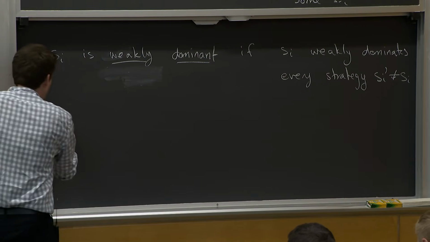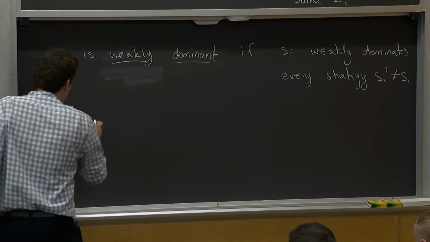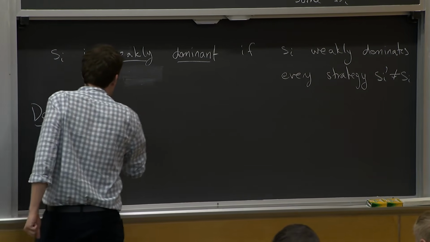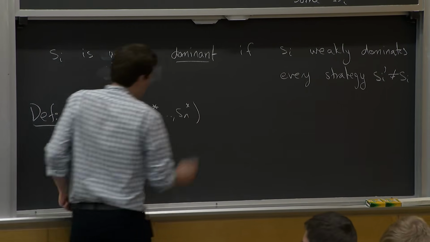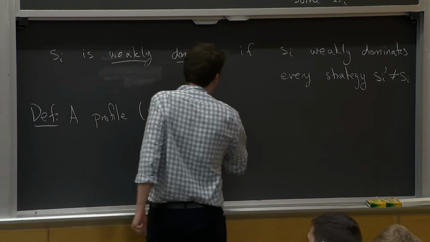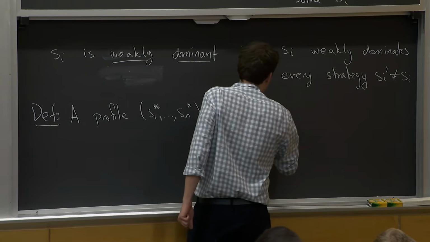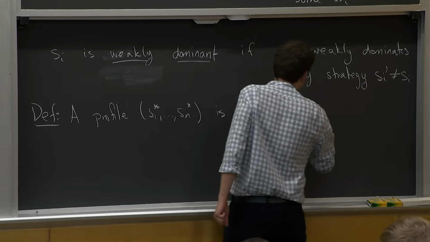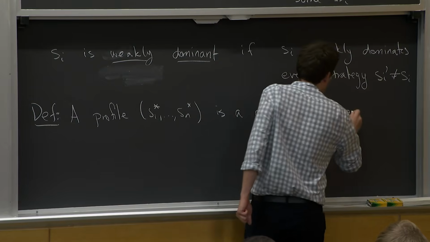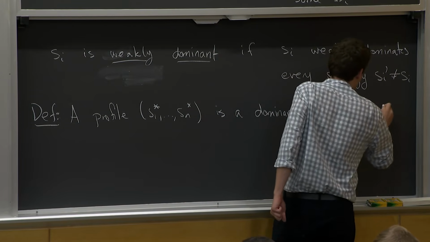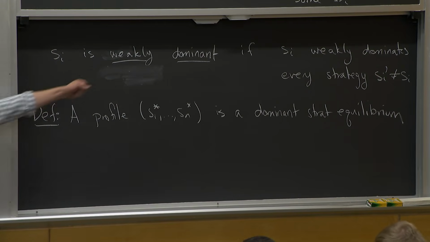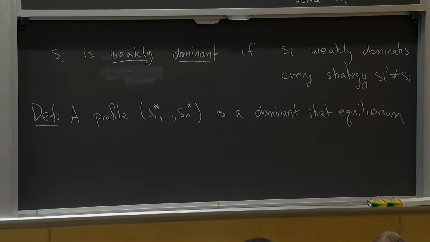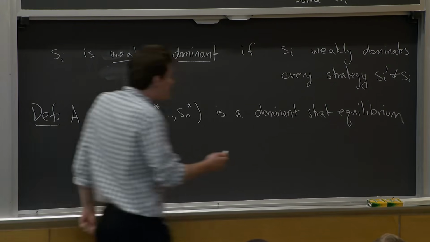Our first notion of an equilibrium, we say a profile S1 star up to Sn star is a dominant strategy equilibrium. Here I'm just going to write dominant strategy equilibrium, but more precisely we mean weakly dominant strategy equilibrium, but we'll just say dominant. And sometimes we'll call this DSE.